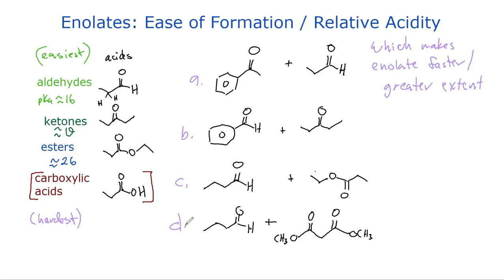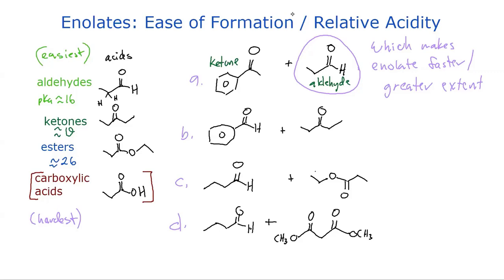See if you can figure it out. If we consider on this side, we have a ketone group. And on the right-hand side, we've got an aldehyde. We know aldehydes form enolates better, so that one is going to be the one that will make the better enolate.